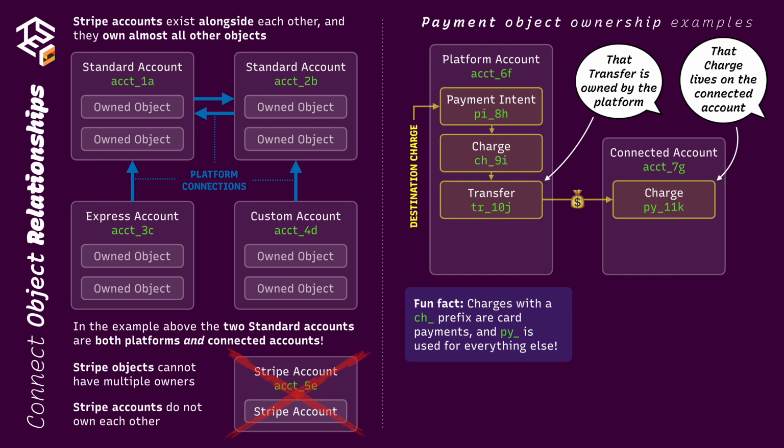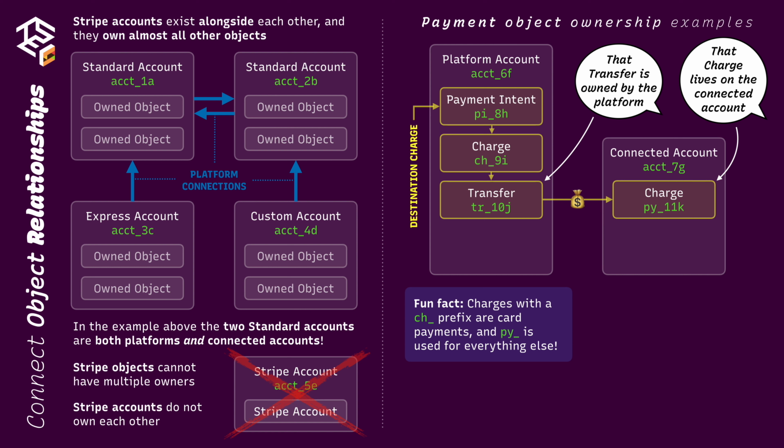A good mental model for charges is that they're objects which represent money moving into a Stripe account. The money might be coming from a card payment, in which case the charge will have the CH prefix, or the money might be coming from a non-card method of payment, or another Stripe account, in which case the charge will have a PY prefix, but those objects are all charges that can be accessed using the Charges API or found in the Charges tables in Sigma.